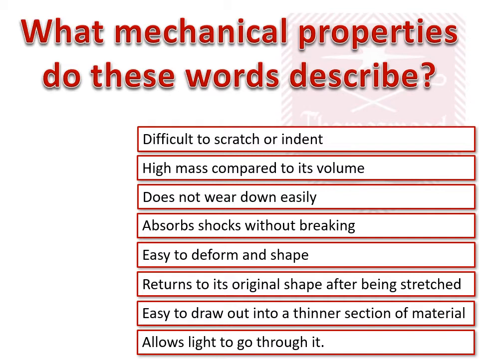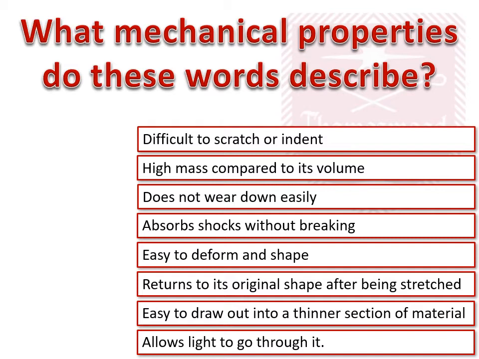So on the screen, you can see there are 8 different meanings, definitions, and what I want you to do is, the answers will come up later, but you will know a lot of these words already. The problem is the way we use those words is sometimes not done as technically as we should do, or we don't use them in the correct way. So we're going to try and guess what they might be.